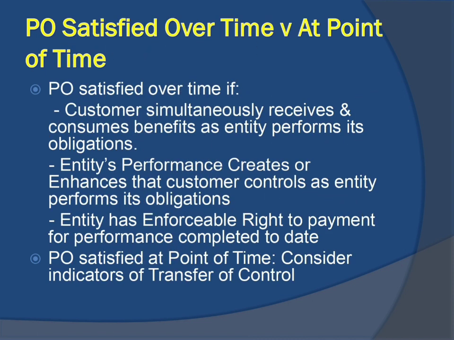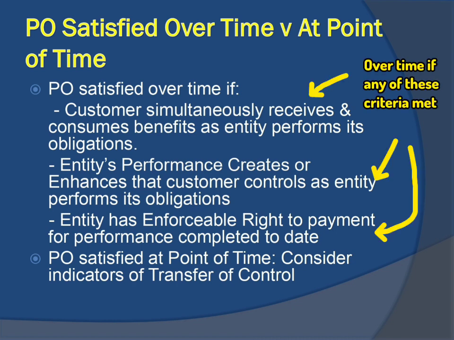In recognizing revenue, there may be two cases. The first is performance obligations satisfied over time. An entity transfers control of a good or service over time and therefore satisfies a performance obligation and recognizes revenue over time if one of the following criteria are met. The first is the customer simultaneously receives and consumes the benefits provided by the entity's performance as the entity performs.